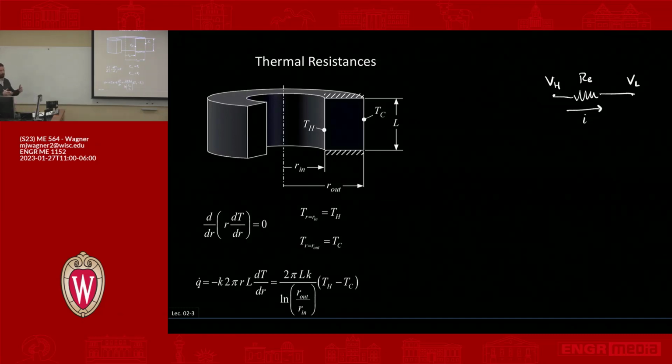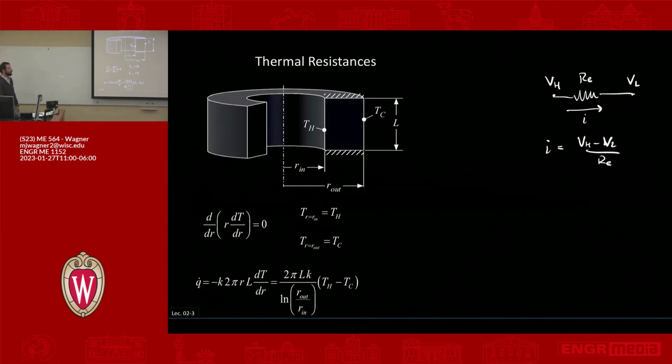The larger, the more resistive, the more impedance that resistor has, the less current that's going to flow from high to low. So you'd write the current equation as I is equal to V_H minus V_L over R_E.